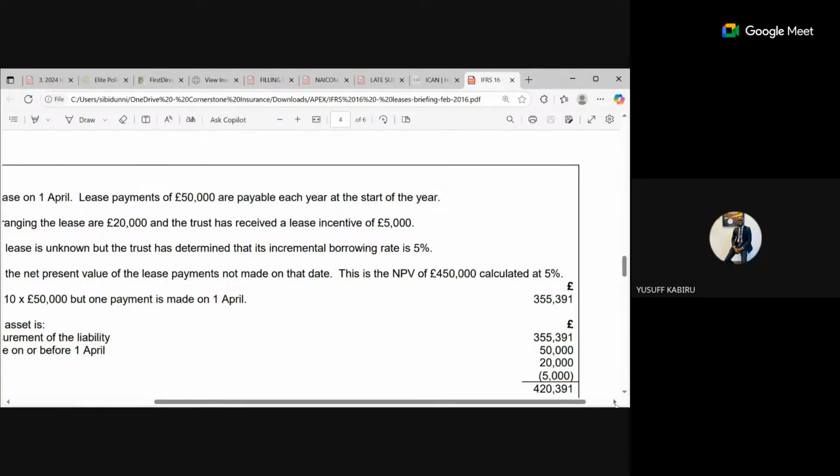Okay, let me try and do some maths. So we need to find the discount factor of 5%. What's the discount factor of 5%?